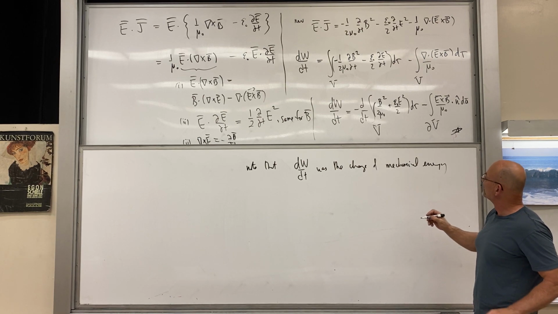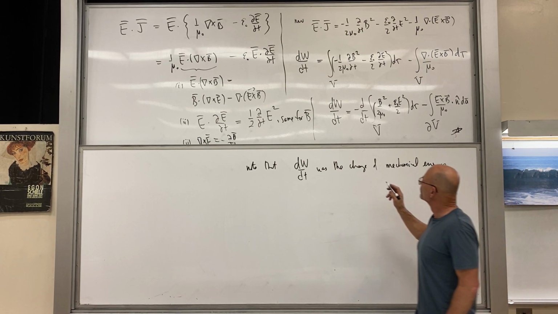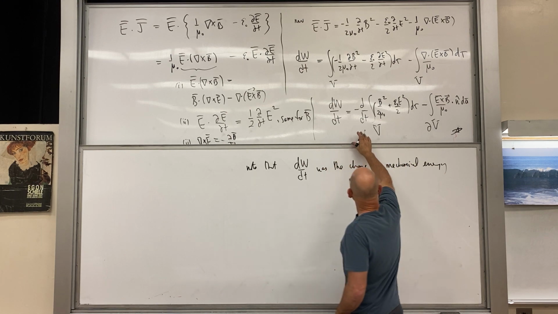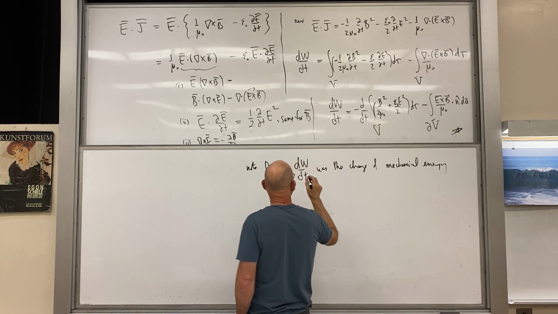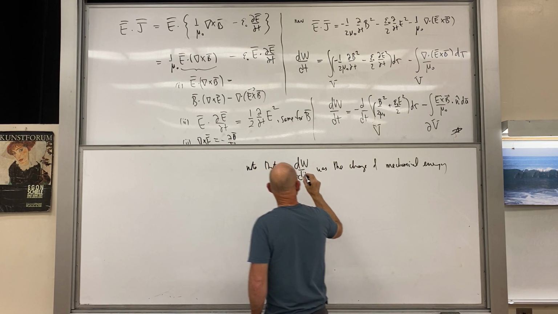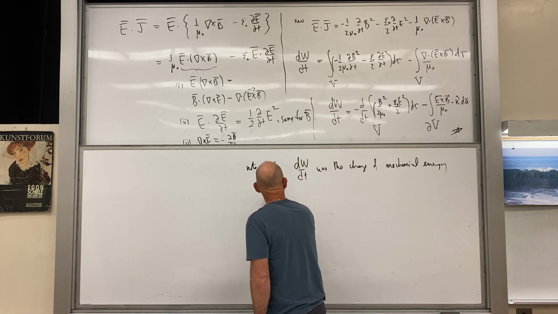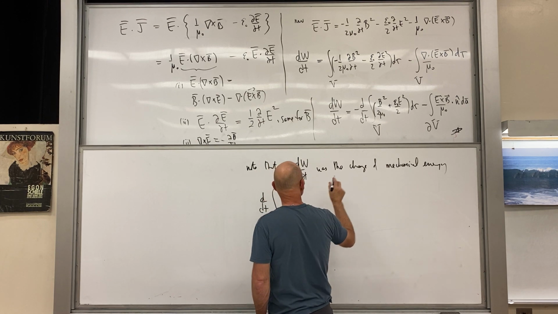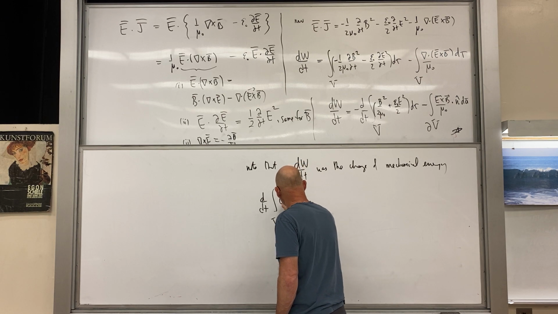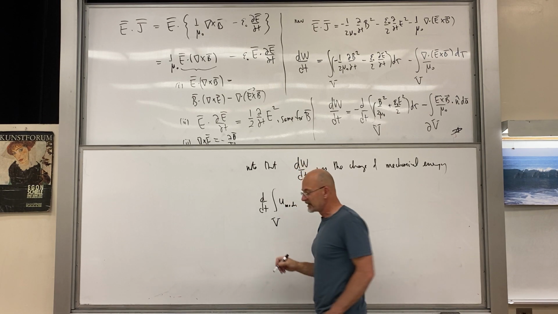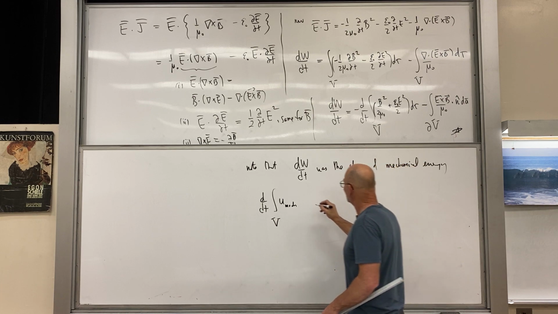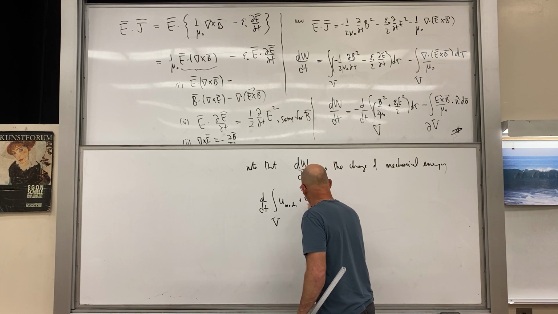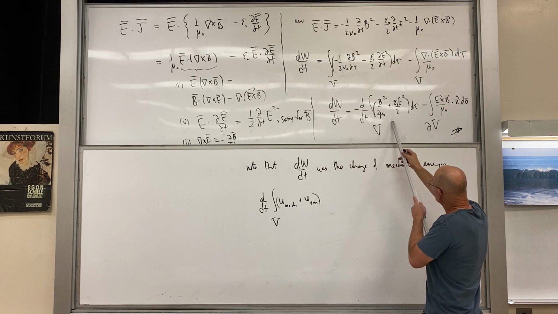So now what we have, and I can do the whole thing at once on this, is d/dt integral over the volume of U mechanical, that would be the mechanical energy density, plus U electromagnetic. That is this one.